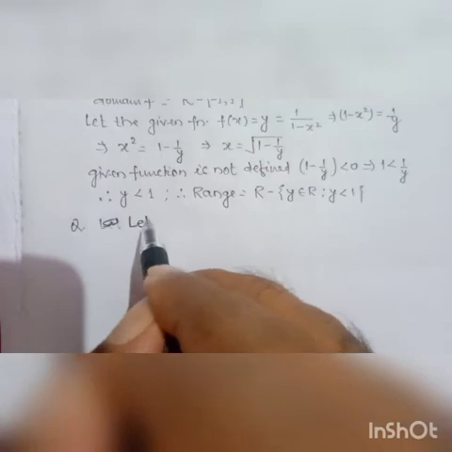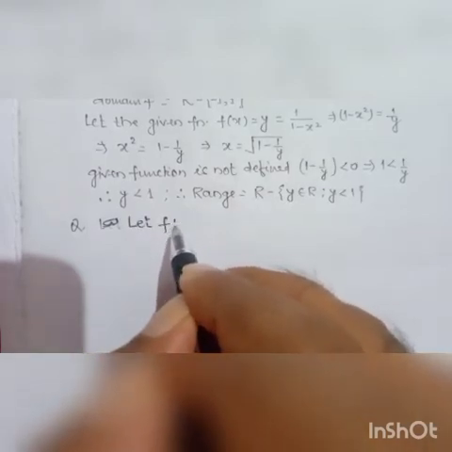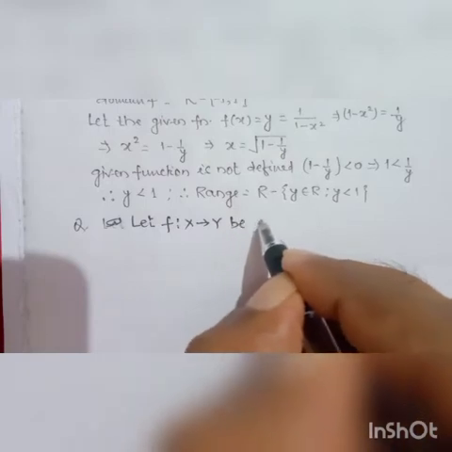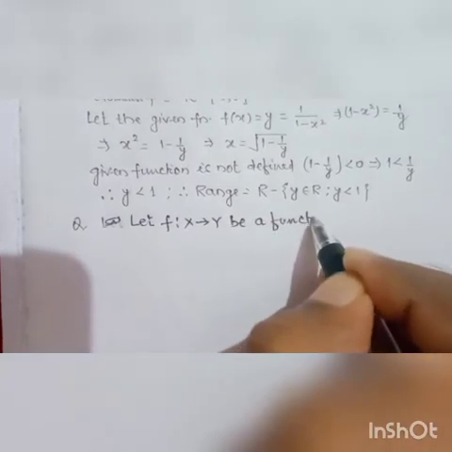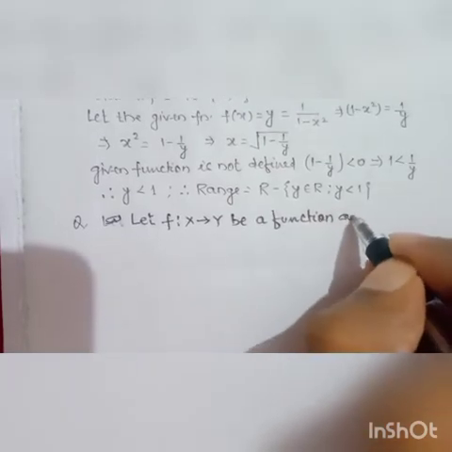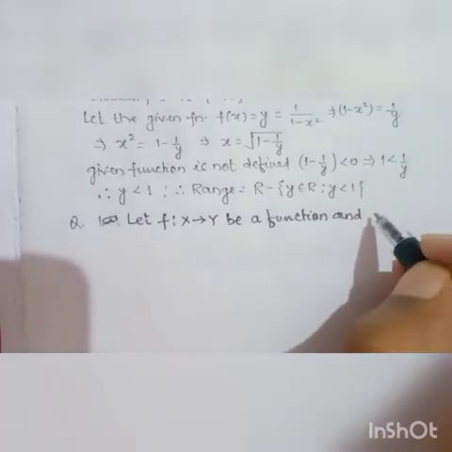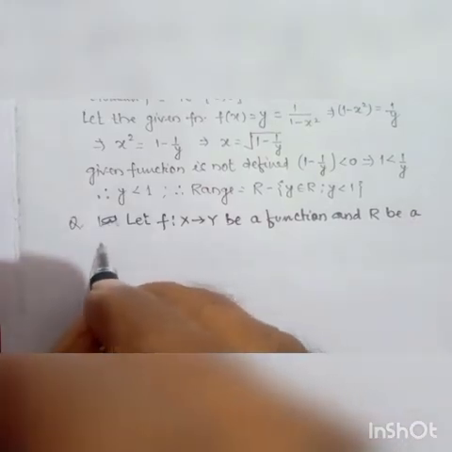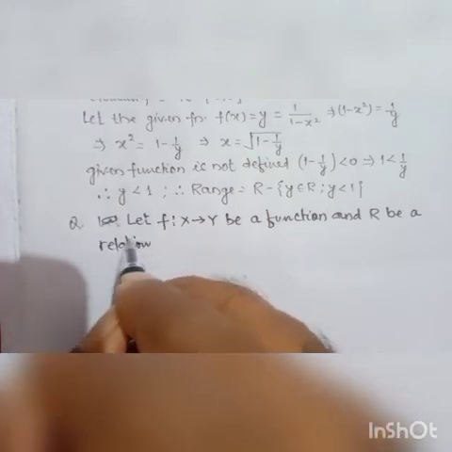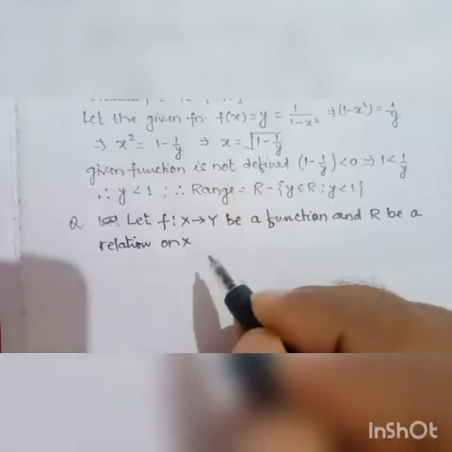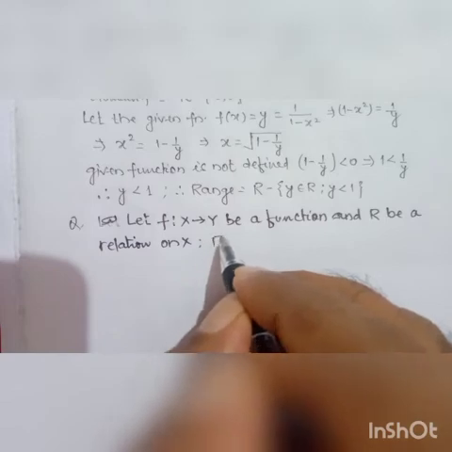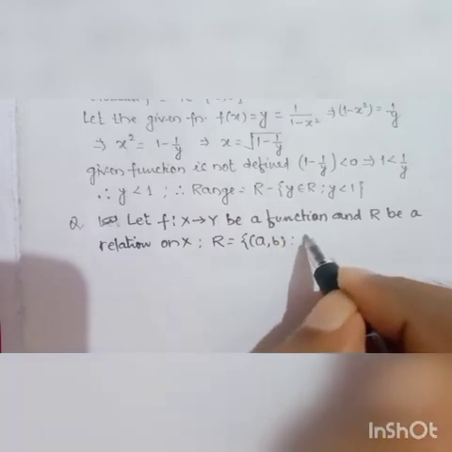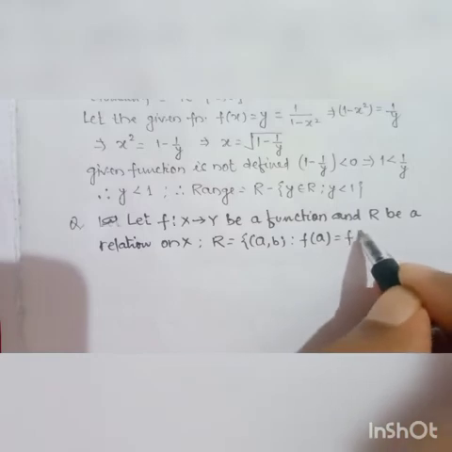Let f: X to Y be a function, and let R be a relation on X such that R is equal to the set of (a, b) such that f(a) is equal to f(b).